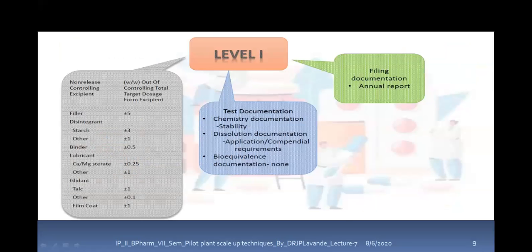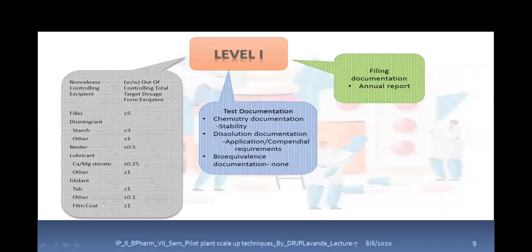So in case of level 1, as we already discussed in our previous lecture 2, the same is applicable for modified release also. So what is the permissible limit, that is either less than or equal to the values for the individual ingredients. So if it is the filler, it is plus or minus 5 or less than that.